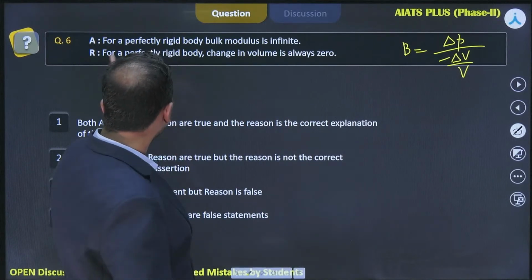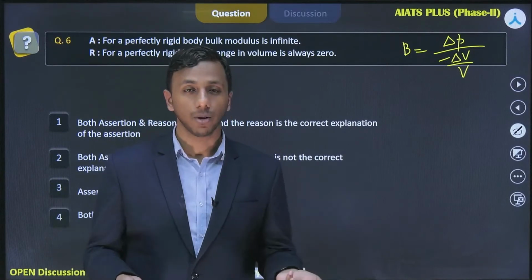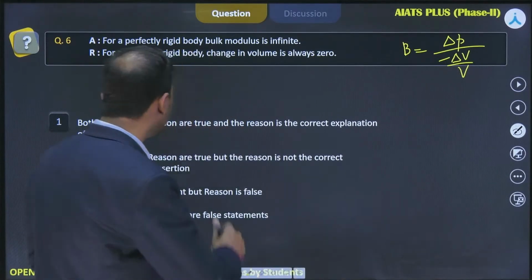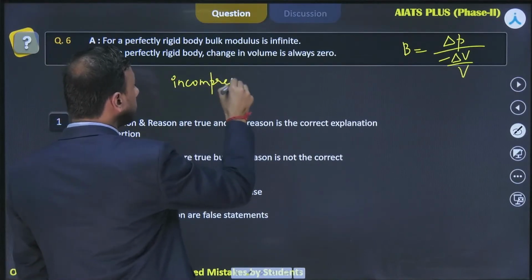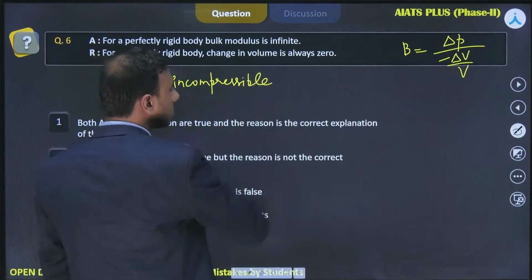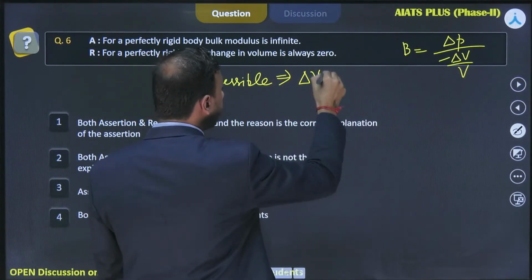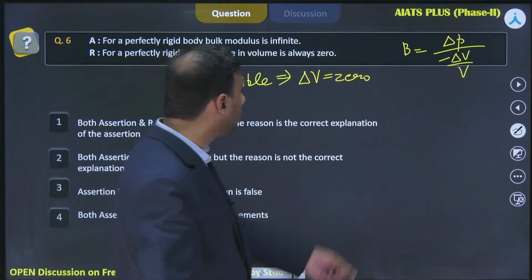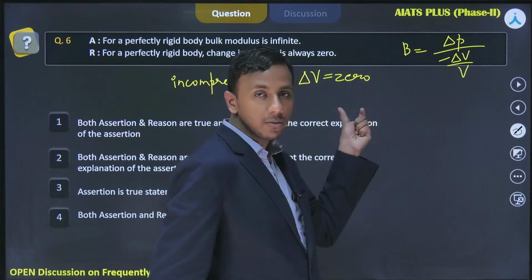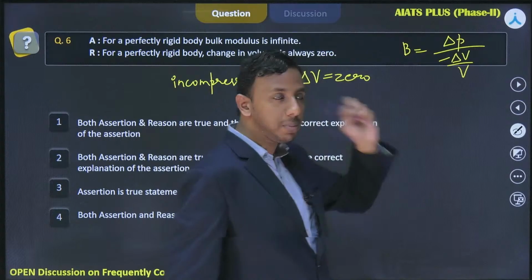Very well. So if you see, for perfectly rigid body means you can't change its volume. That is because it is incompressible. That means delta V would be equal to 0. Right? You can't change its volume. Highly incompressible, so bulk modulus would be very high. How high? See, put delta V equal to 0 here. What would B become?